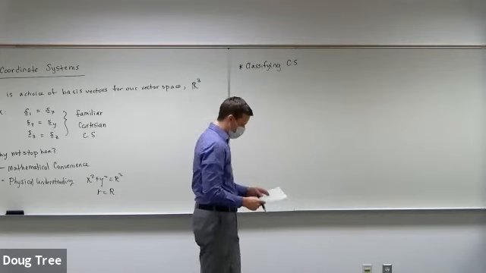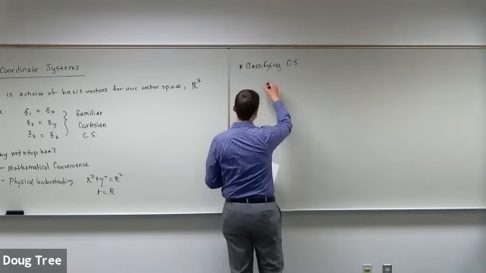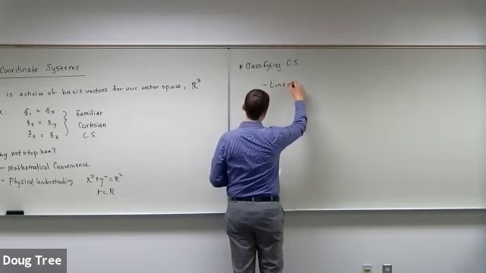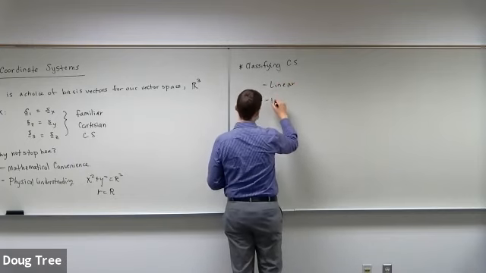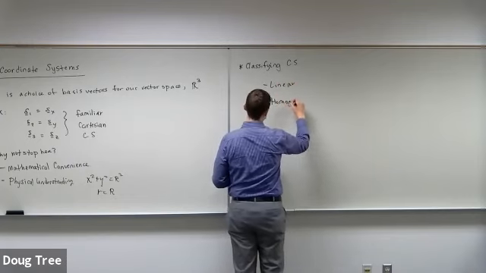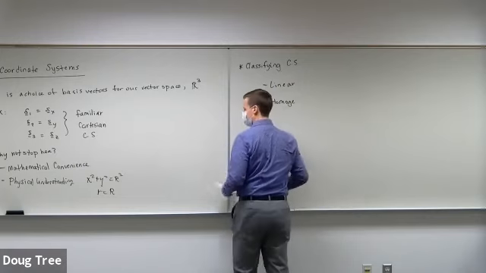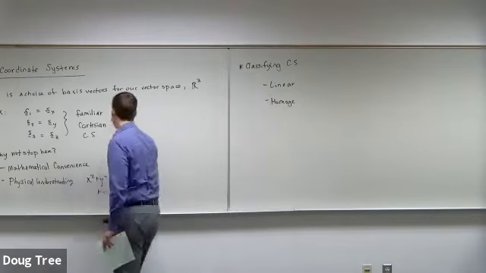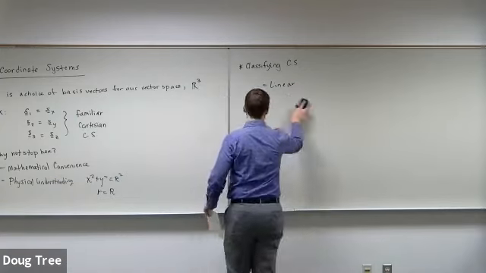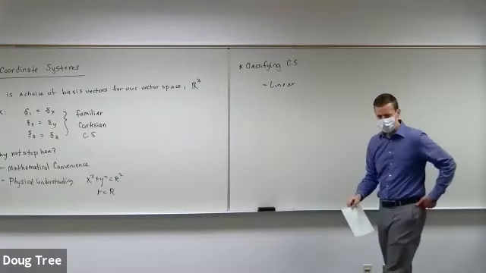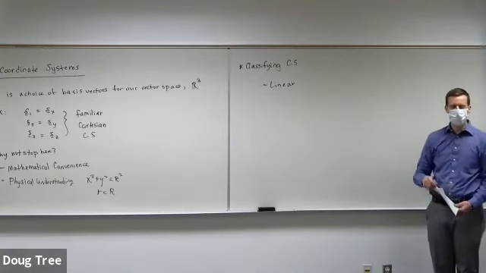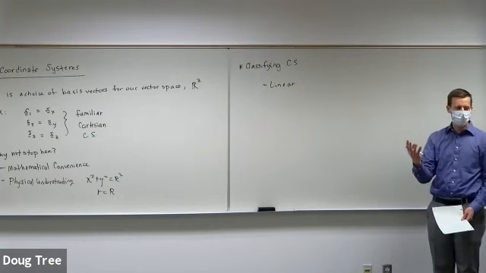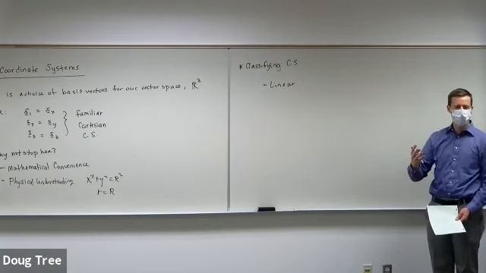Let's talk about linear versus homogeneous first. We'll talk about linear first. A linear coordinate system is a system where there's a one-to-one linear mapping with the Cartesian system.